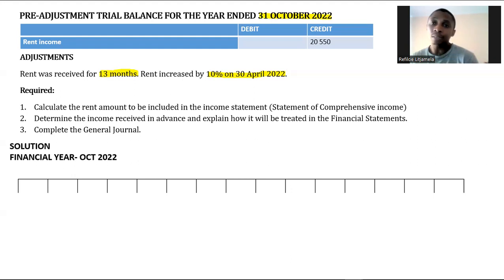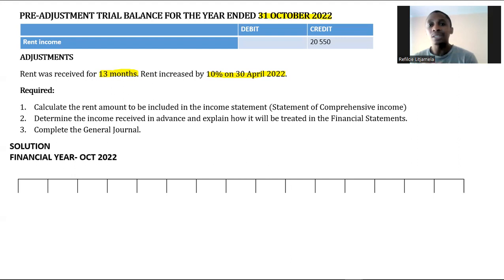When you look back at the definition that I gave you earlier, deferred income refers to rent income or any other income that you have received, but it's not for the current financial year. You have not yet earned it. You have not yet provided the property. You will only provide the property the following year, and that's when it will be earned.